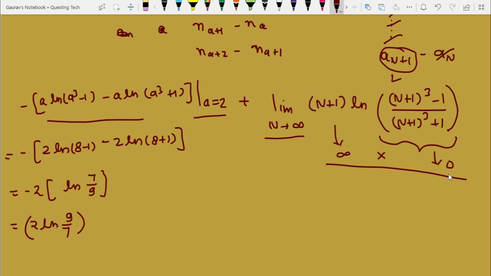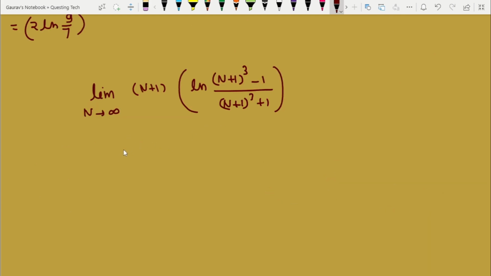So what can we do in this relation? We can use L'Hospital in these kinds of expressions, but we have to modify some things. First we take this one apart. So this is our expression.